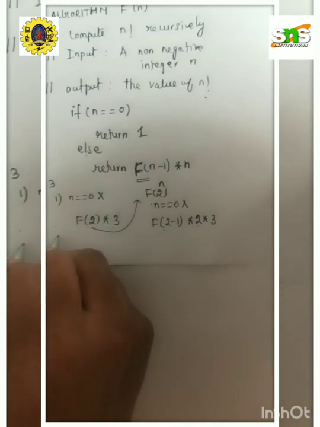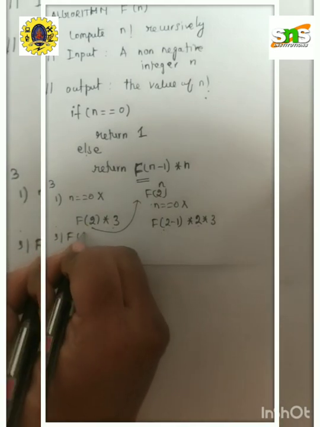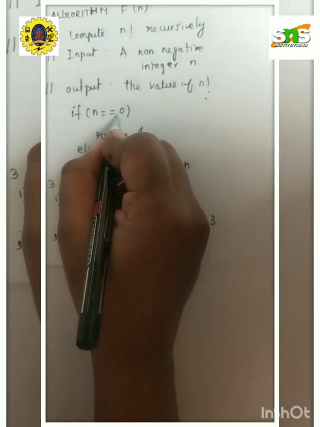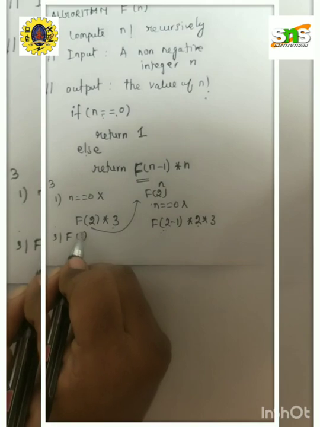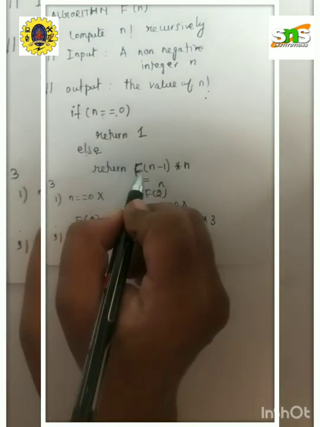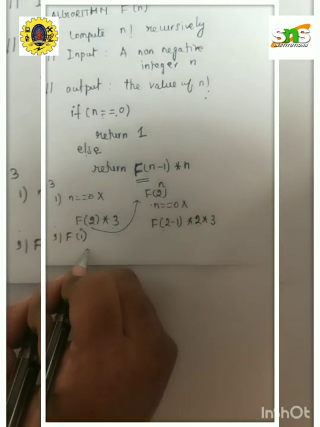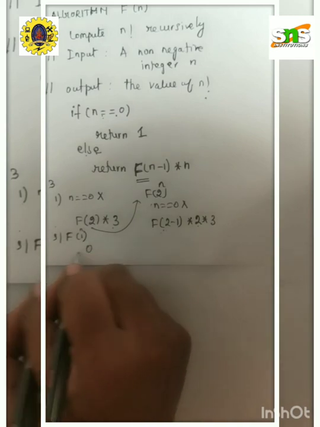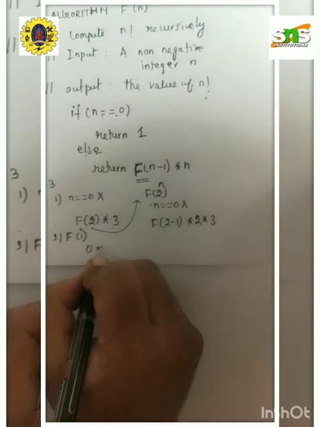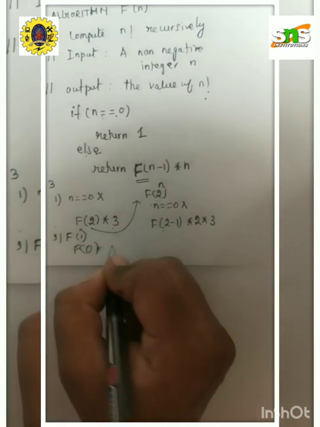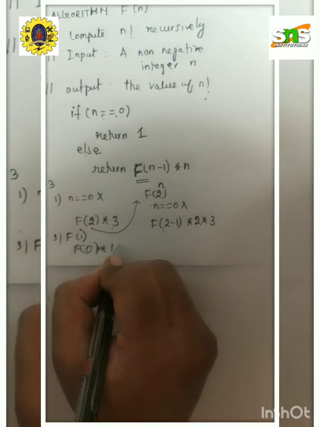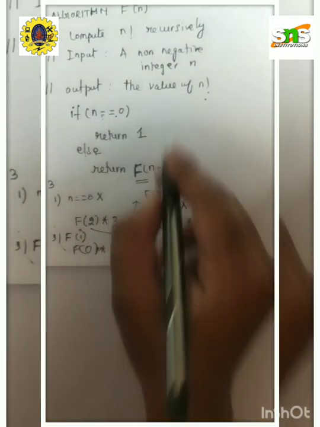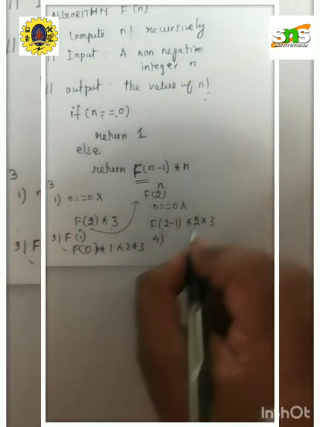Then the third time, f of 1: again check n is equal to 0, no, because the n value is 1. Else f of 1 minus 1, that is f of 0, star 1 star 2 star 3. Again it will call the same, the fourth time, f of 0.